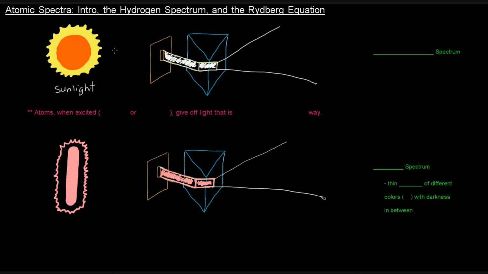If we take that sunlight and pass it through a thin slit like we got here, specifically this portion, this little hole, and then following that we'll pass it through a prism, a glass prism that will refract or bend the light, and what we'll see is a spectrum that looks like the rainbow, right? Maybe some of you have actually done this before. Shined light through a prism and saw that it would project a sort of rainbow like this.